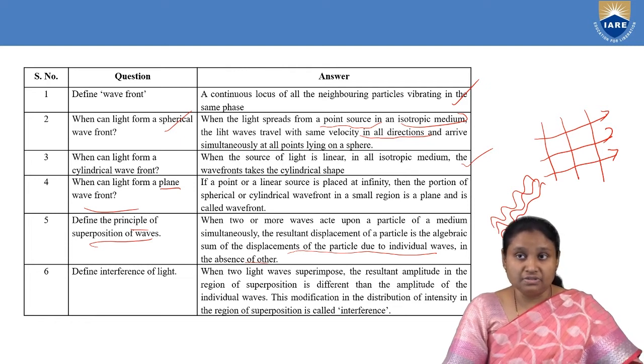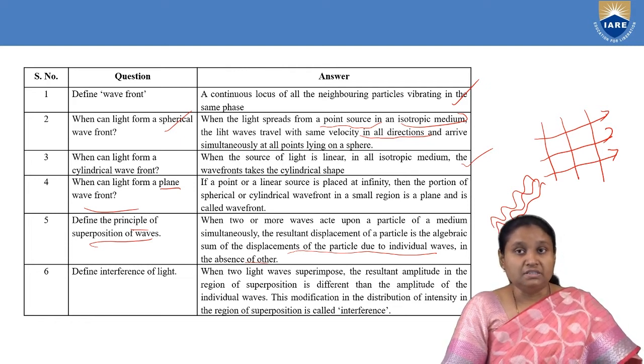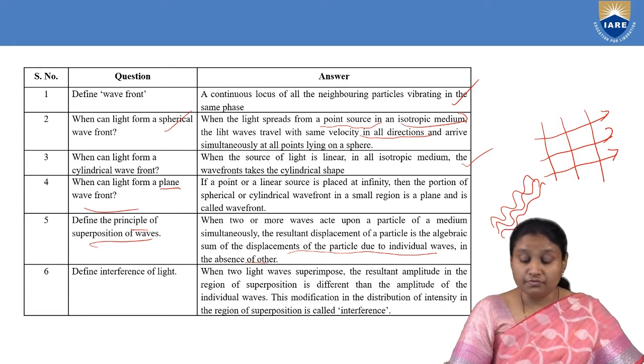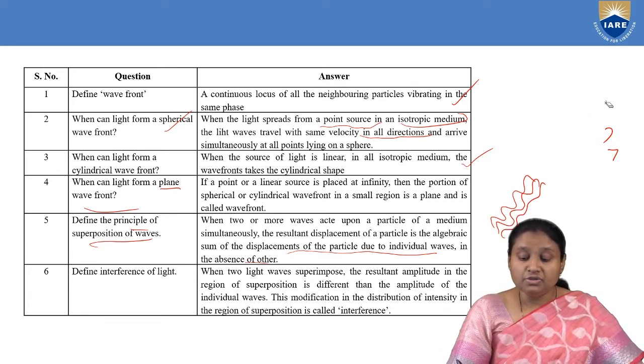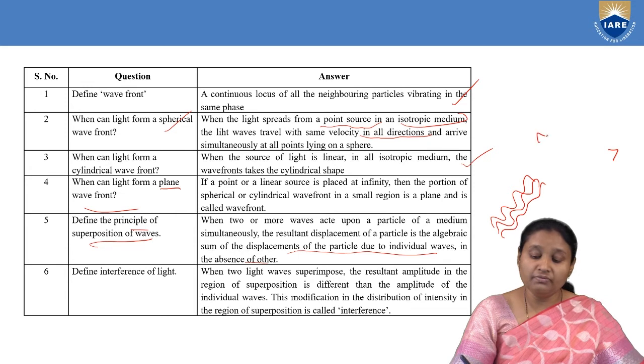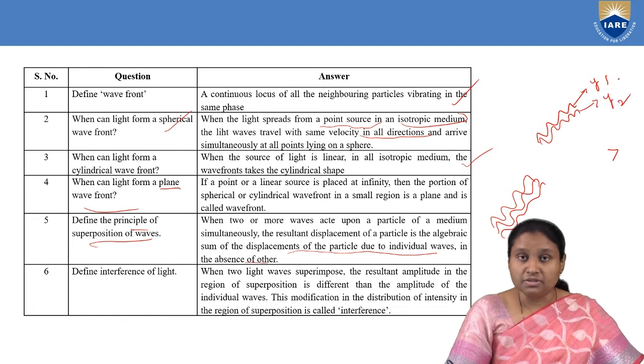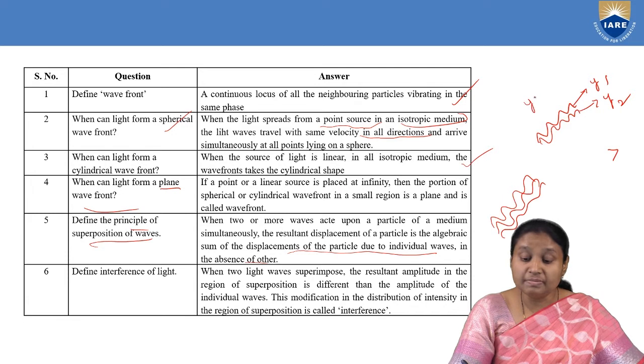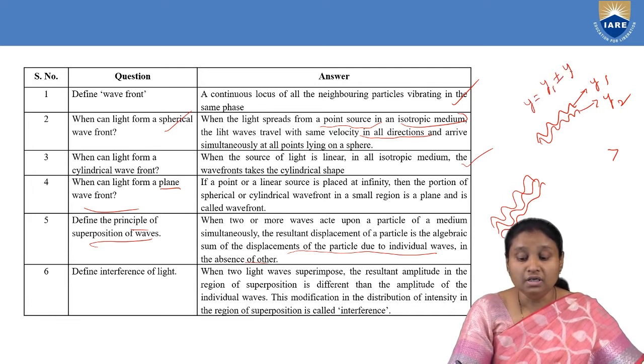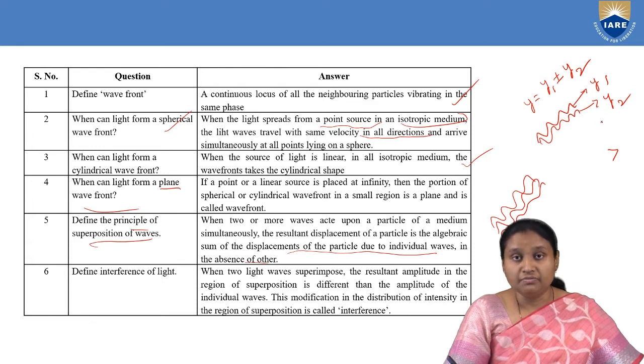Such a resultant displacement is given by the principle of superposition of waves. Suppose I take two waves, and one wave displacement is represented as y1, and another wave displacement is represented by y2, then according to the principle of superposition of waves, what is the resultant displacement in the region of superposition? It is the algebraic sum of displacements due to individual waves.